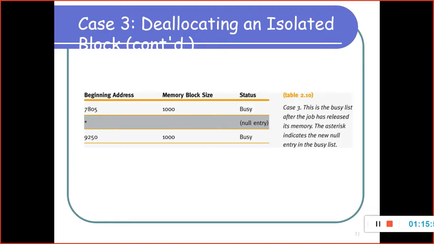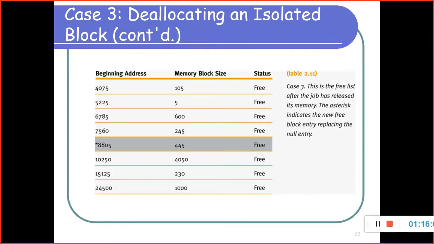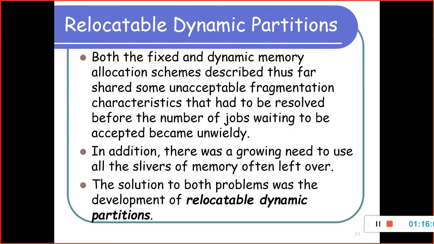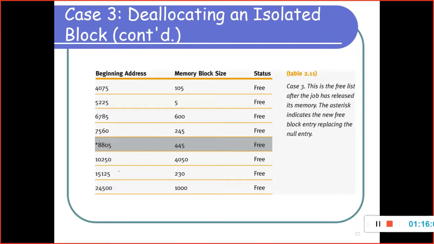You mark it as a null entry. And this one from the location of 8805, you put 445. You have 445 memory spaces already empty, or deallocated, already free.